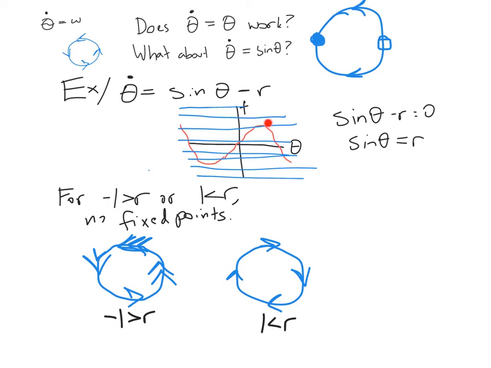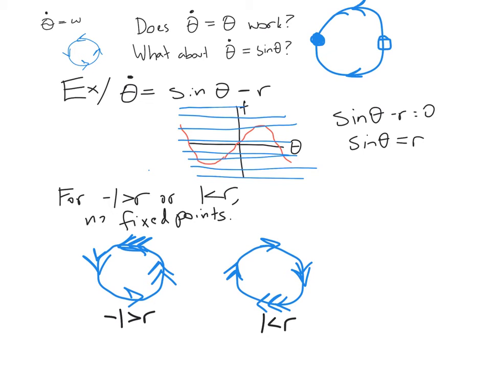So we're slowest at pi/2. We're fastest at 3 pi/2. So let's go ahead and make us fastest at 3 pi/2, intermediate, and slow. Okay? So slow, intermediate, fast, intermediate, slow, intermediate, fast, intermediate, slow. So that's what's happening in this system for when r is outside of the range of -1 to 1.